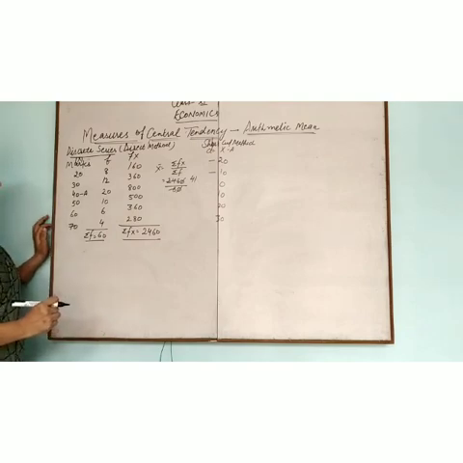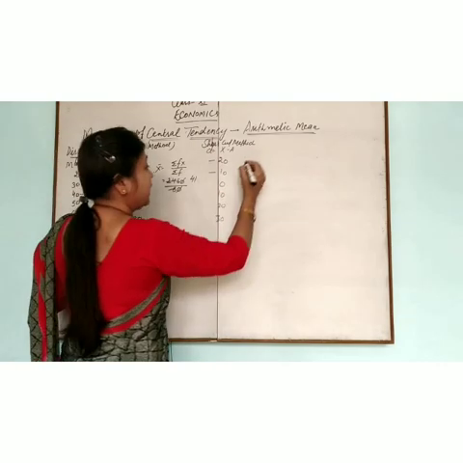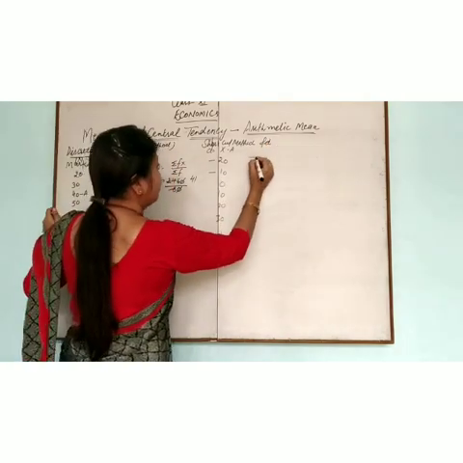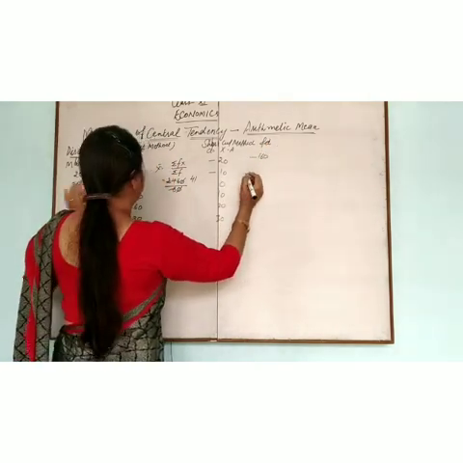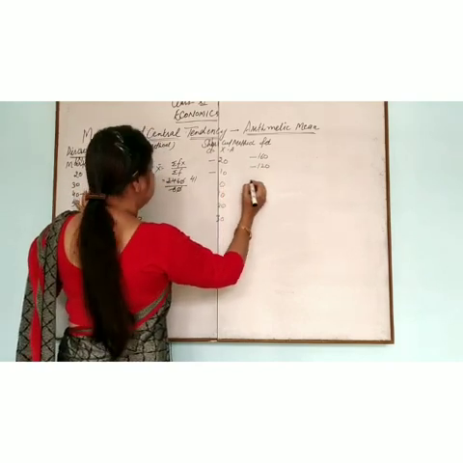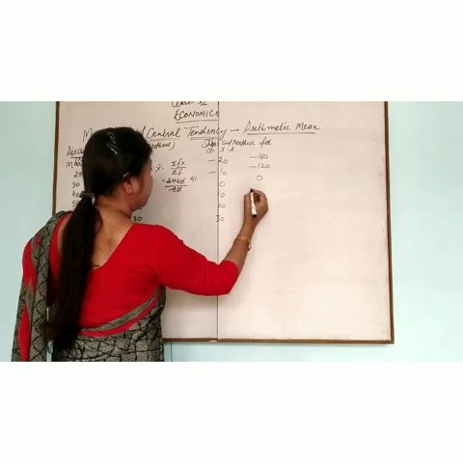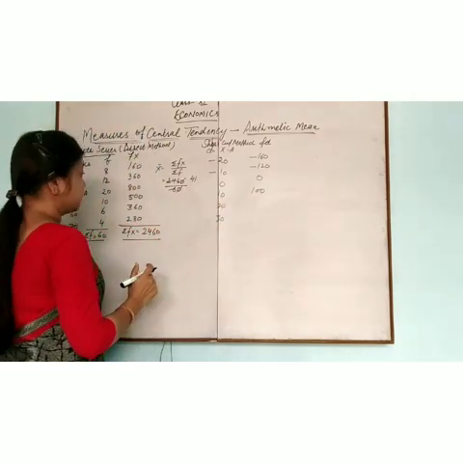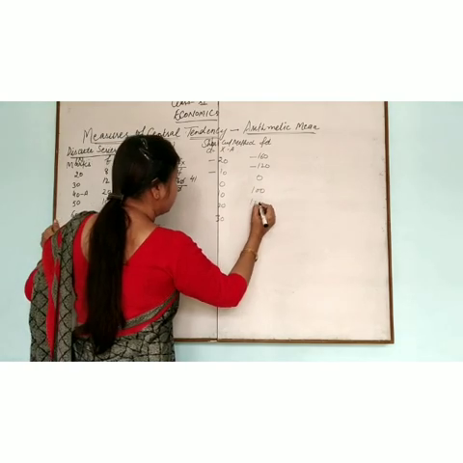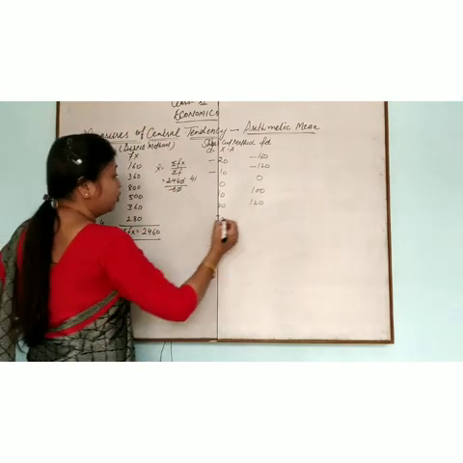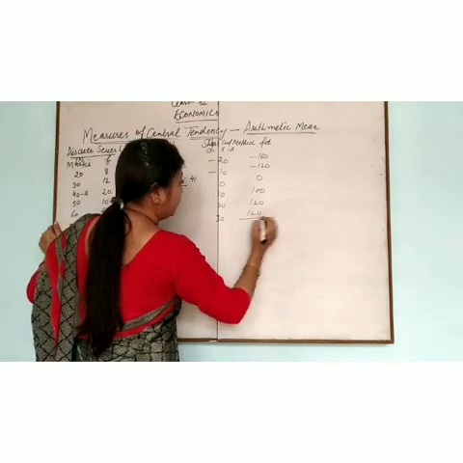After that, we will multiply f and d. This is minus 160, then minus 120, then 0, then 10 into 10, 100, 20 into 6, 120, and 30 into 4, 120.